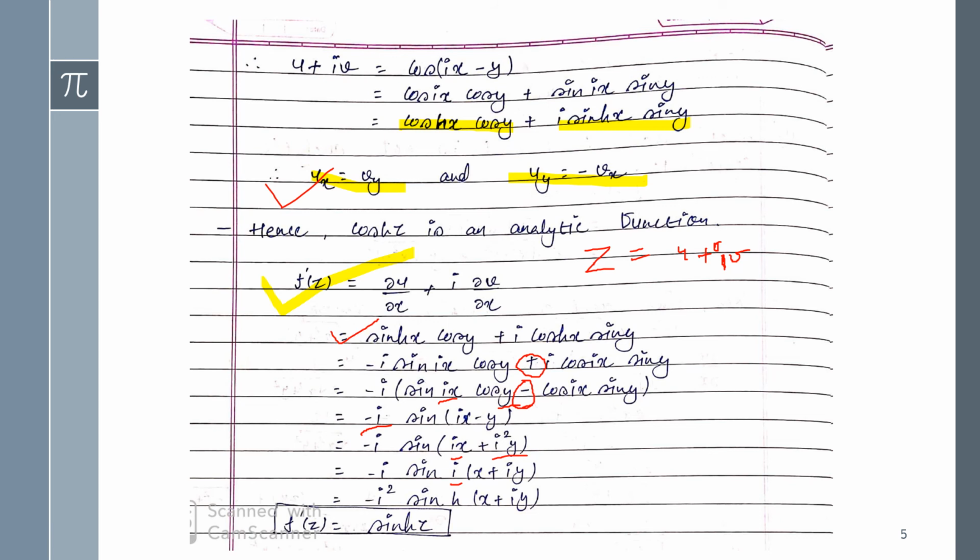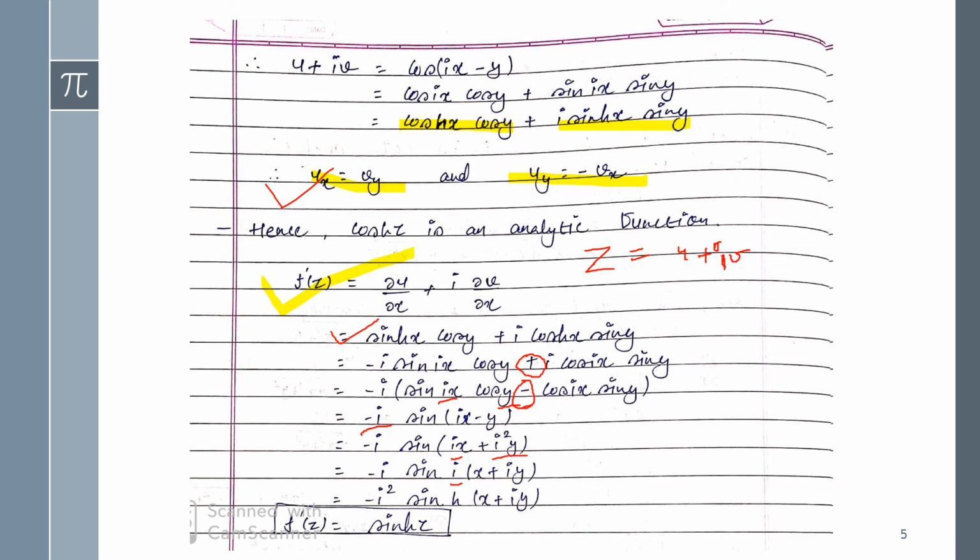So here I am converting circular function into the hyperbolic function. So it will be minus, one i we already had, so now it will be minus into i square, sin h of x plus iy. And this one you know, x plus iy is z.